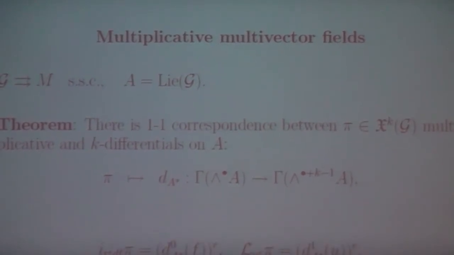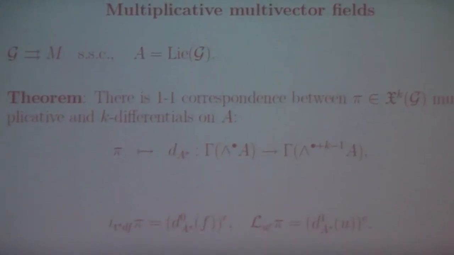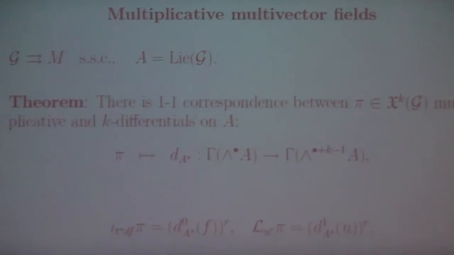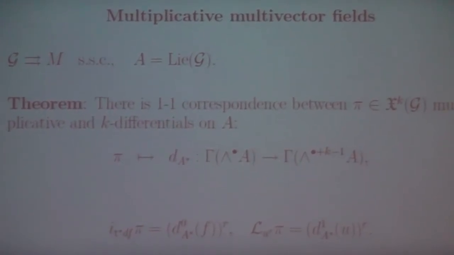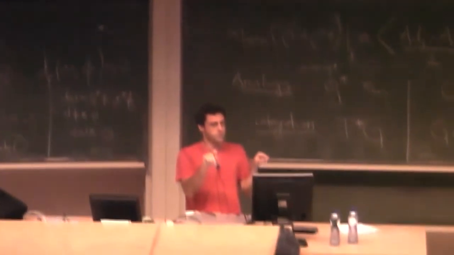So basically, you get operators that generalize the operators defining bialgebroids. The main difference now is that they are not of degree 1 anymore, but they can be of degree k minus 1, if you're talking about a k multivector field.